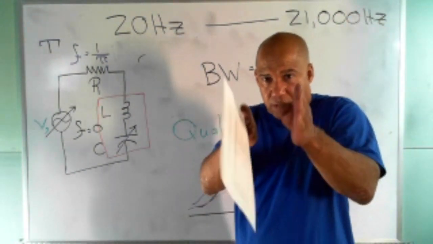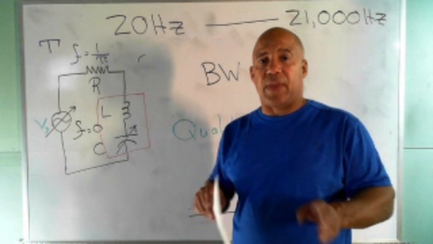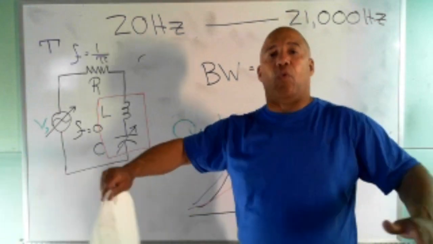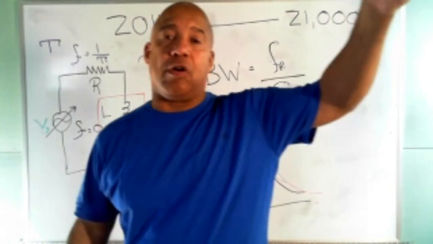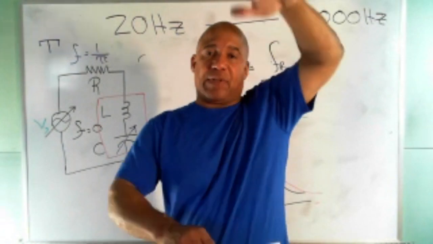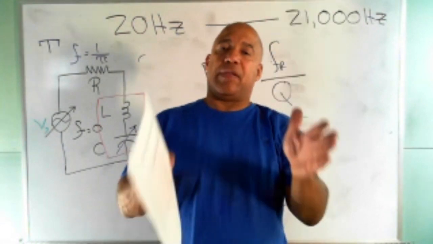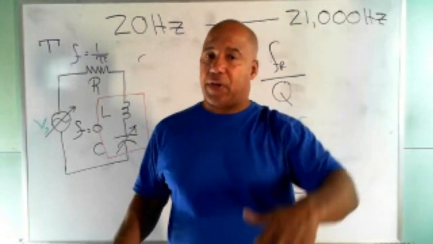We're looking at a smaller chunk of that frequency curve. The lower the Q, the wider the bandwidth. So it's kind of a trade-off. The higher the Q, you get a lot more peak, so your Imax is going to be a lot higher, but the bandwidth is a lot smaller. If I want more bandwidth, I have to lower my Q.